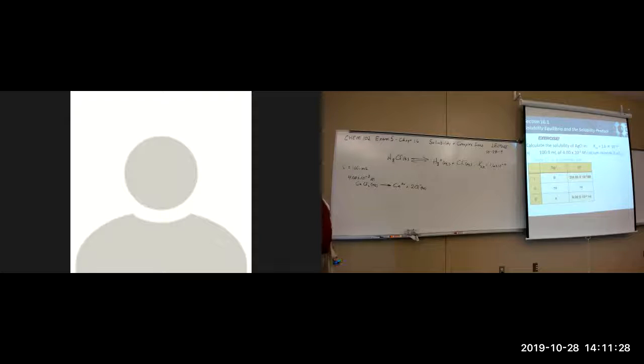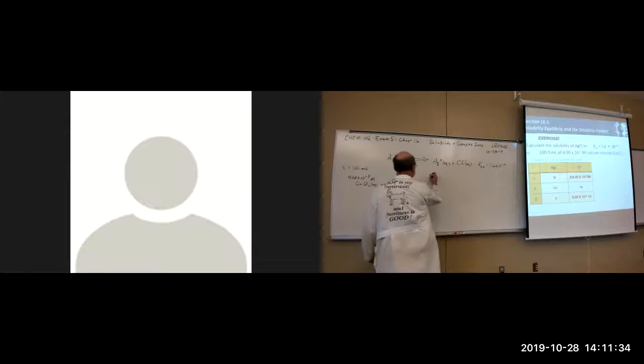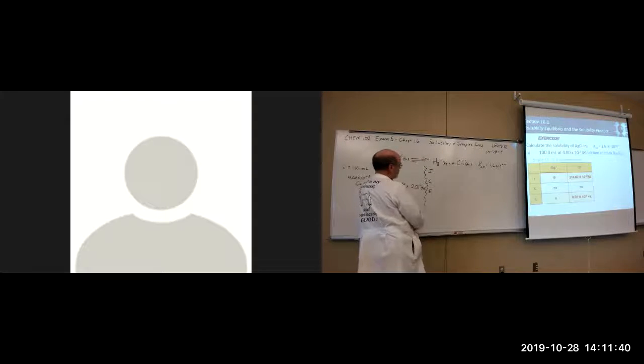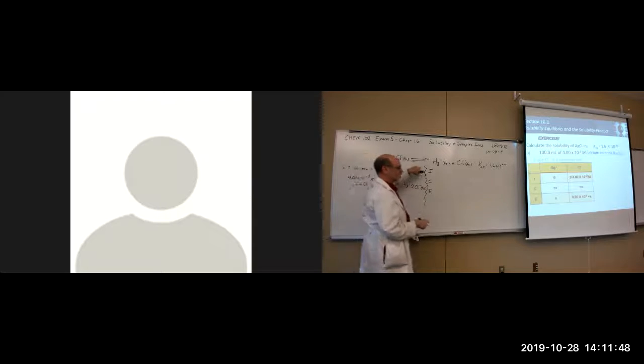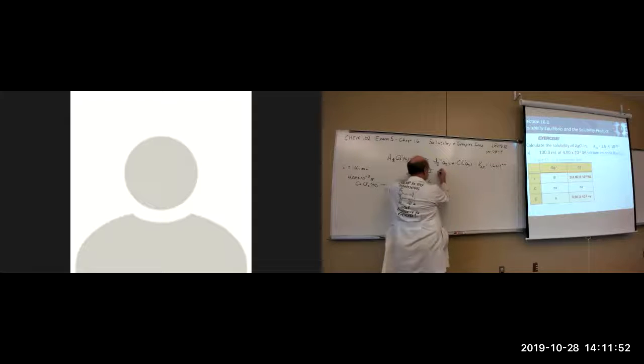All right? So here we have our ice table. What do we start off with? Silver. If this is the solid and we put it in that solution, what's the concentration of silver at the very beginning? 0.